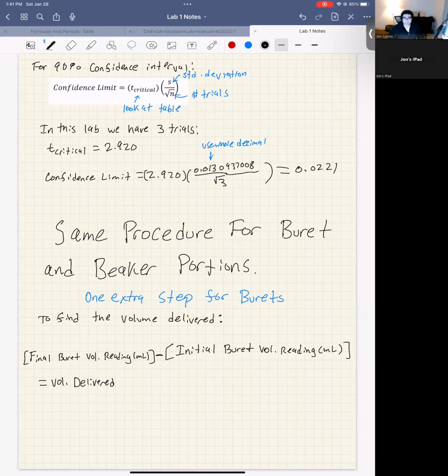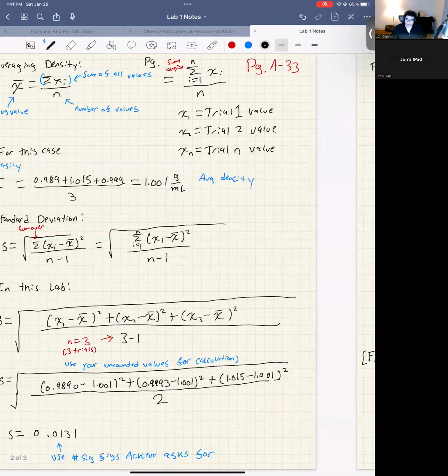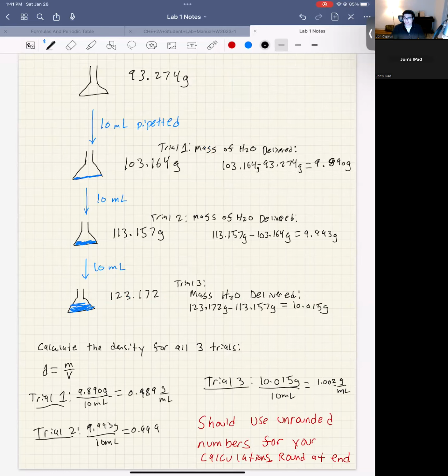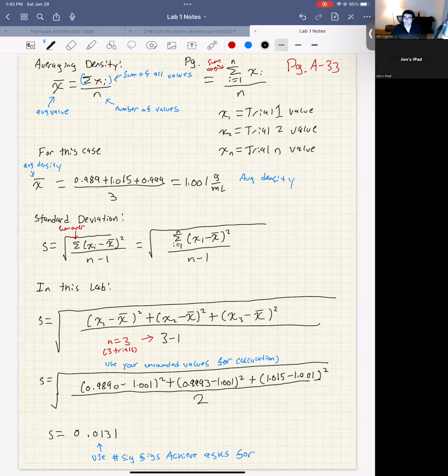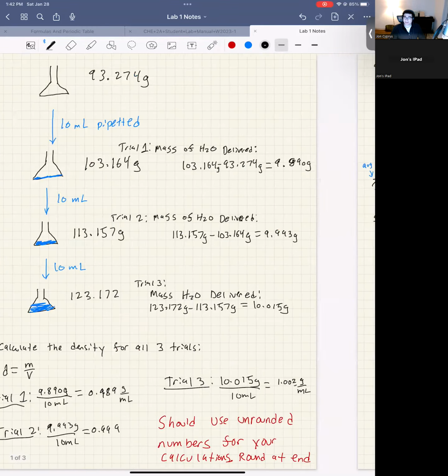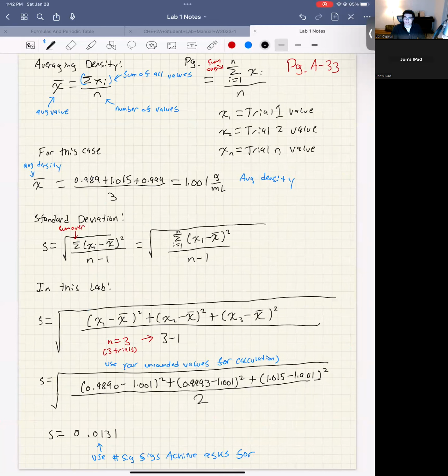Again, it's the same procedure. You're just finding the mass between each trial. I think in the beaker you empty it, so you would just do them all separately, but I'm not sure, check your lab manual for that, double check. But for the burette and the flask specifically, you would just take the weight between each trial, calculate the density for each, then calculate the average density, then calculate the standard deviation.